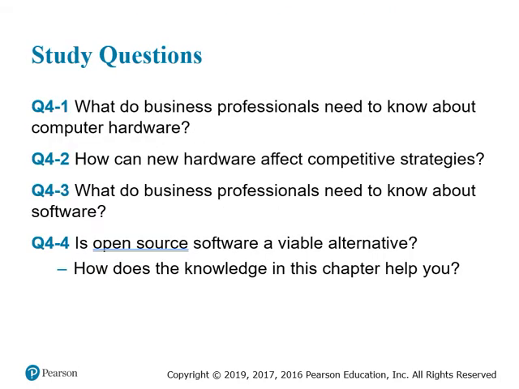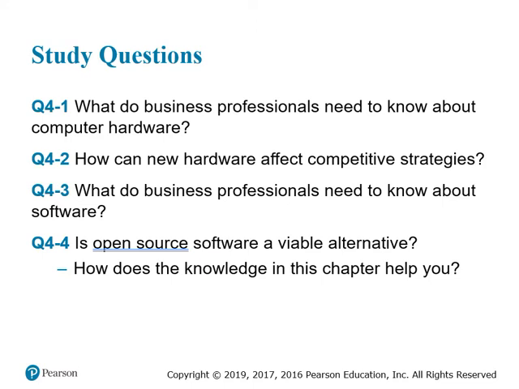Here are the big 4 questions we're going to get out of this chapter. As a business owner, you might not need to know how many bits are in a byte or how many bytes are in a petabyte. You probably won't need to know that.